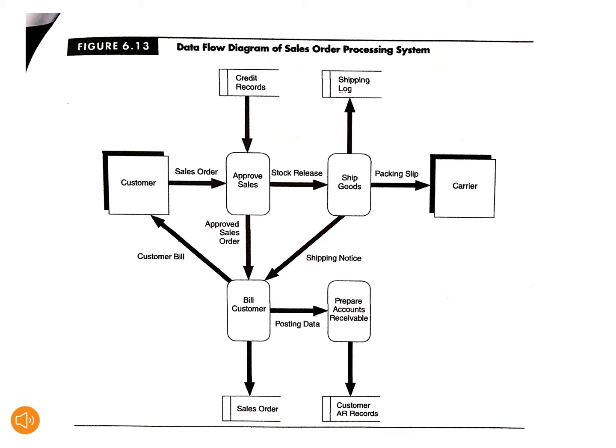Then, next is, tingin tayo sa figure 6.13. Data flow diagram of sales order processing system. Halimbawa, isa itong manufacturing business. Tingin muna tayo dun kay customer. Si customer, siya yung entity. Tatawag siya or pupunta dun kay approved sales. Nakaturo yung arrow dun kay approved sales para mag-order ng isang product.